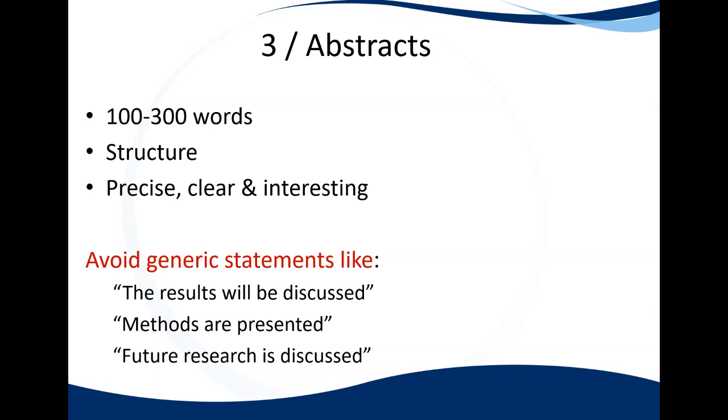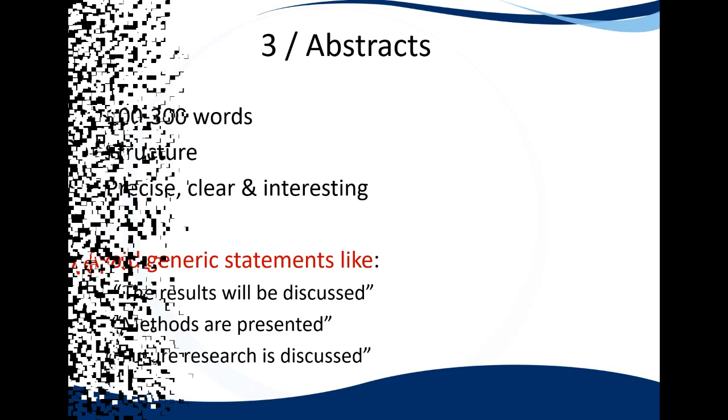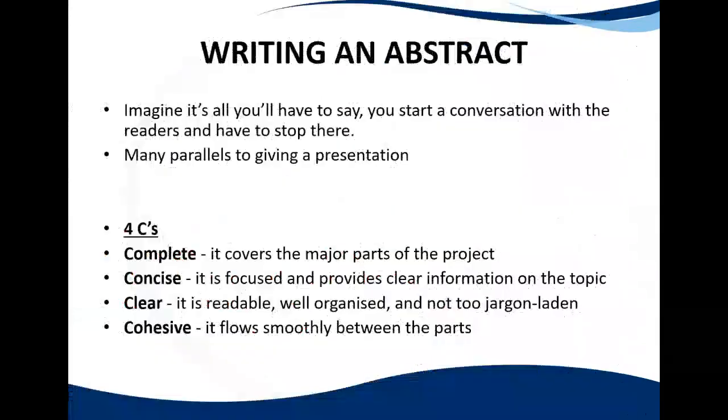So you need to elaborate a little bit on this, right? It's important for us to get a glimpse, a summary, a concise overview of what I can expect as the reader. And I don't know what to expect when you just say to me the results will be discussed, then methods are presented. So try and avoid generic statements.